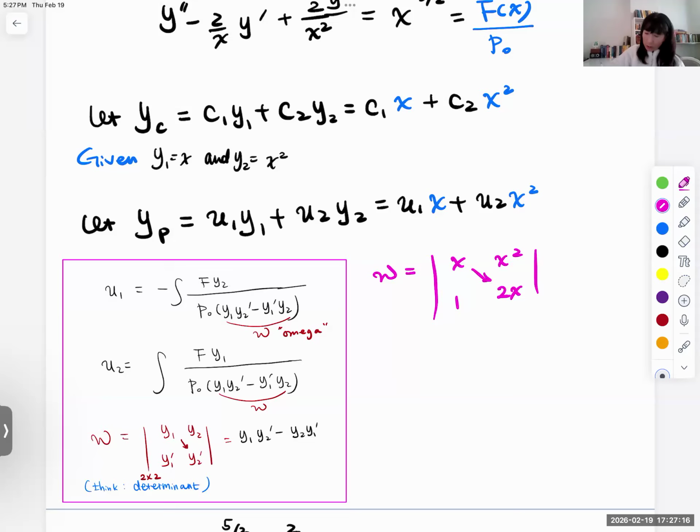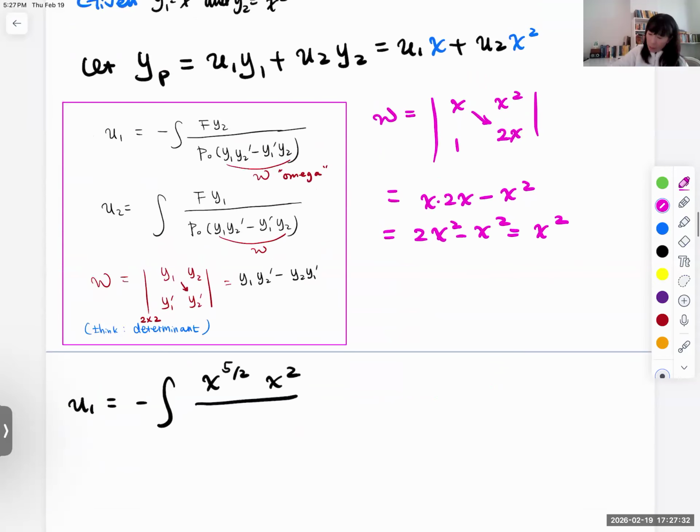And we multiply. So x times 2x minus x squared, yeah? 2x squared minus x squared, which is x squared, right? Okay, so there will be x squared. We can simplify. And in that case, we have to make a dx, yeah? Because we want to express in terms of x, yeah?